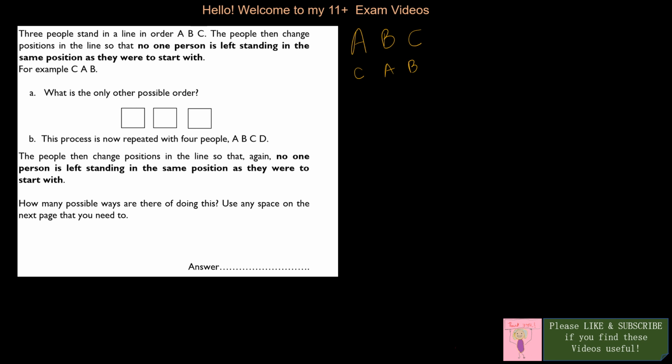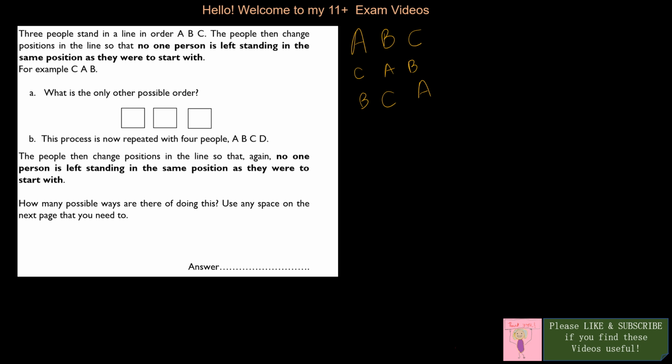Each person has a new position. So what will be the third option? The third option will be A has got the first position, then second, then we will give A the third position, and then C is here, so we can't have C in the first position. B can come here and C gets here.